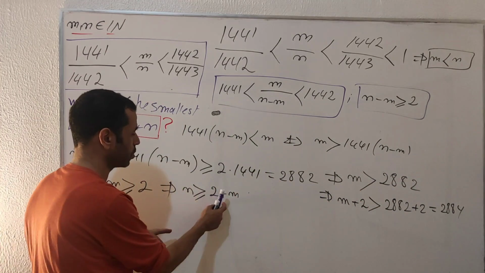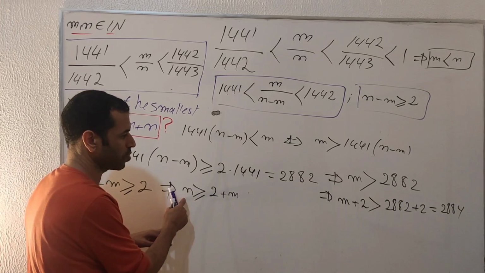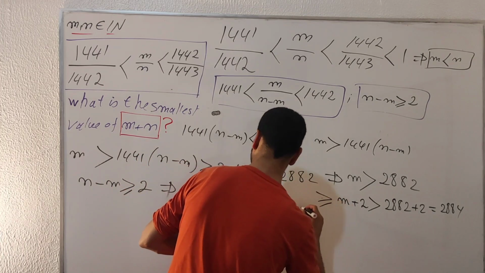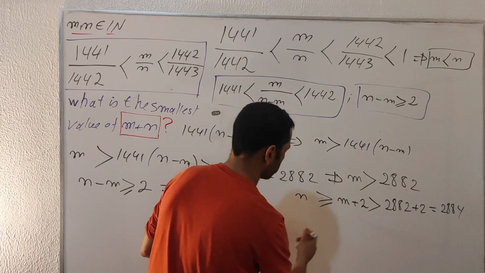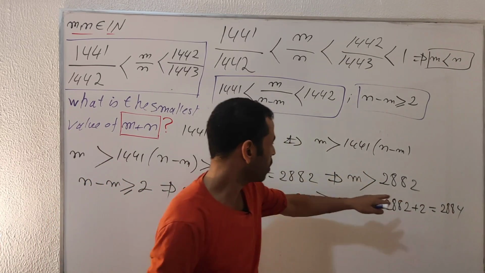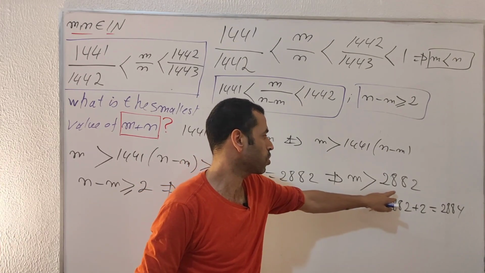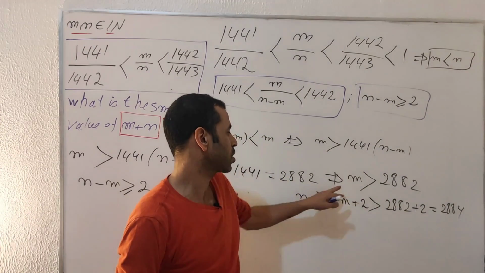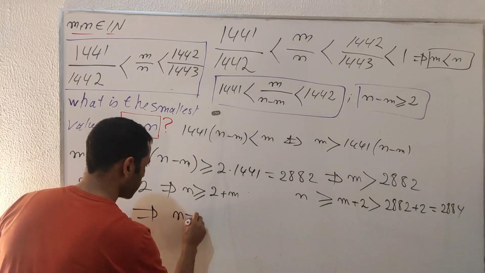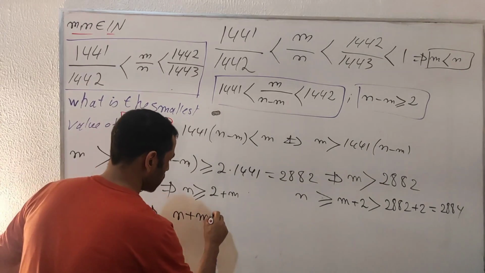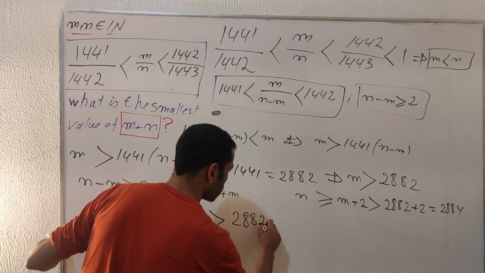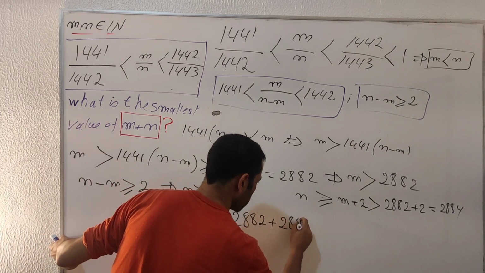I found this number is inferior than this number. So I will have here this number, which is n, is superior or equal to this term. In other words, I found n is strictly superior than 2884. Then I found also m is strictly superior than 2882. If I make the sum of these two terms, I get n plus m is strictly superior than 2882 plus 2884.